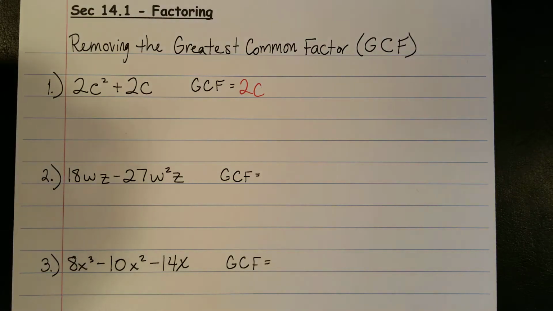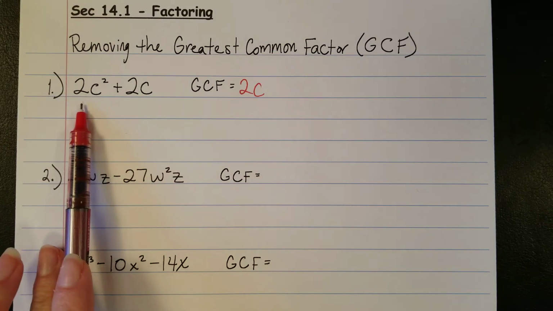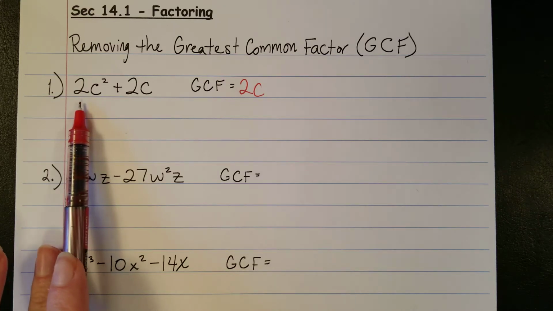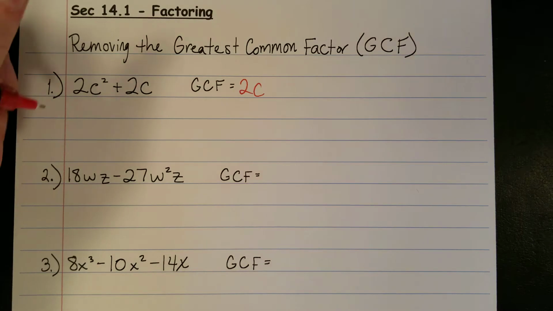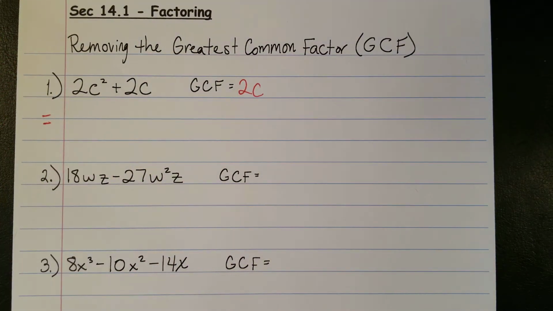Anytime that you're factoring, you're just rewriting this polynomial expression. The answer that we're going to write down is going to be equal to the original that we started with. It's just going to be in factored form, so it's going to look a little bit different, but it's still equal to the same thing.